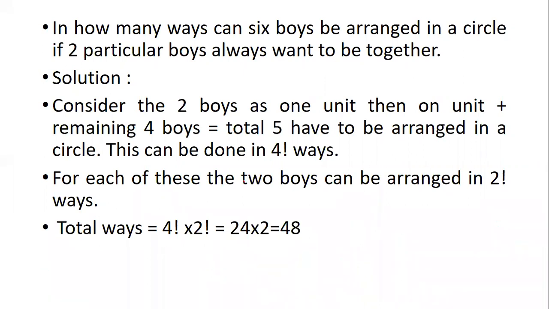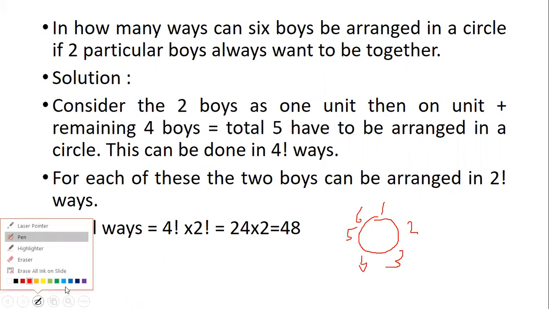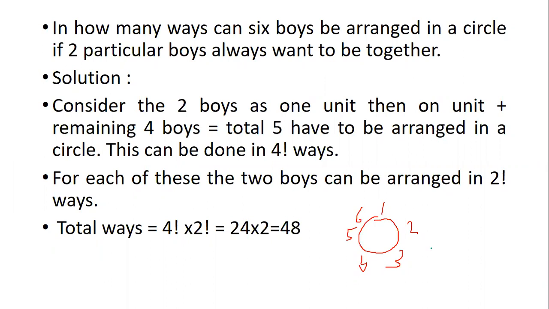So here if you see, we have a circle where there are 6 boys. 1, 2, 3, 4, 5, 6. Now out of these 6 boys, let's say 3 and 4 always want to be together. So when they want to be together, we have always considered them as one unit.